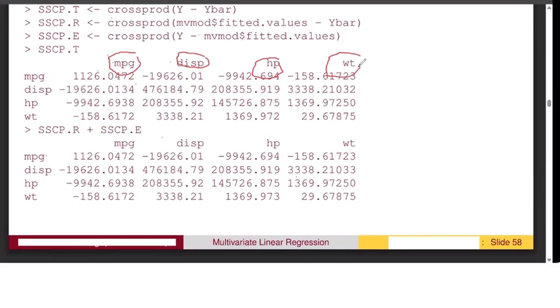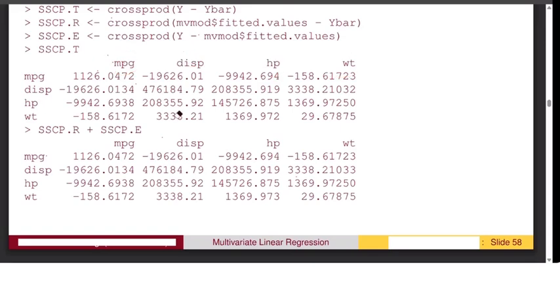Total variation has to do with the response only. I'm going to say that again. The total variation, you are talking about variation around only the response variables, not the predictors. And that's why we're only focusing on the MPG, the DISP, the HP, and the WT. Okay? So take a look at that.